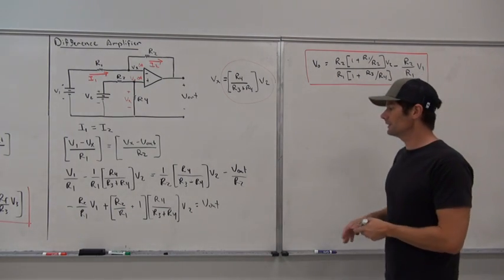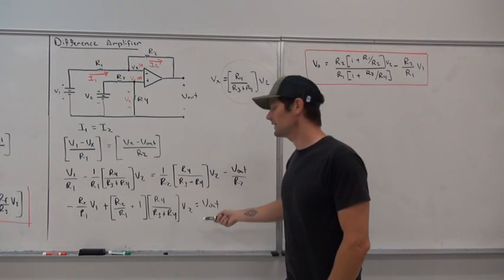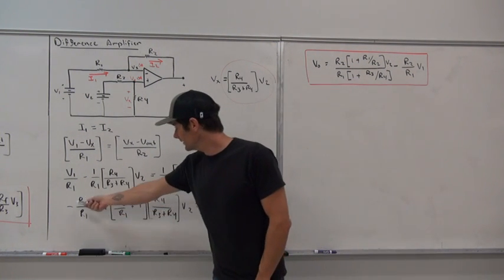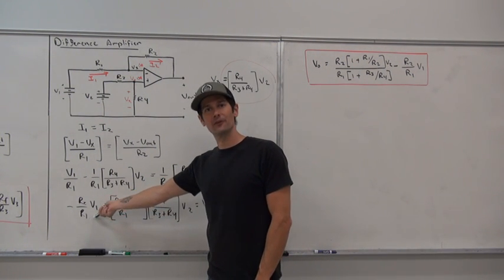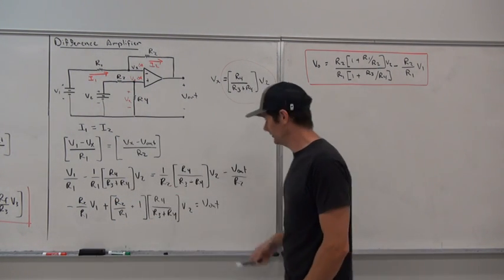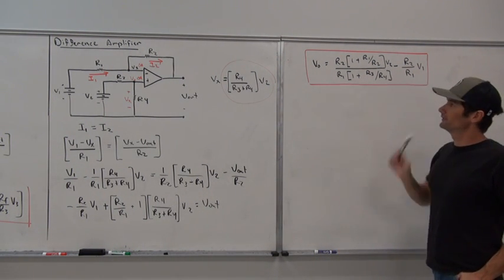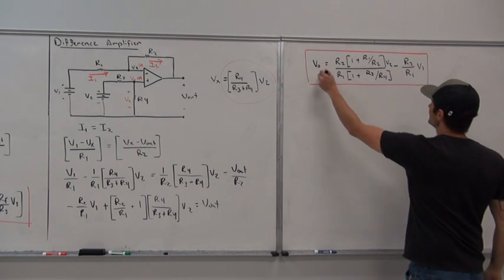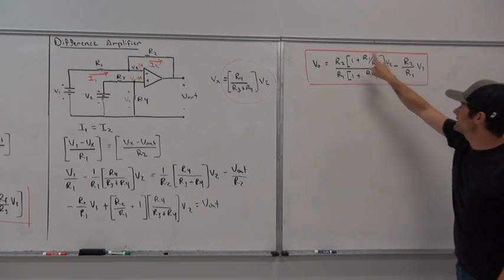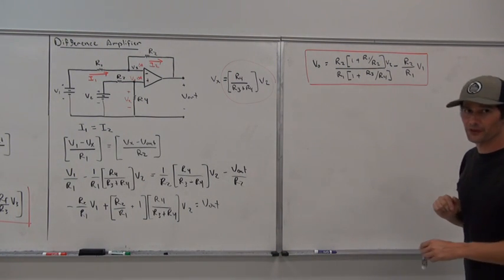And so all I have to do is rearrange that equation now, and we can see right now that with whatever proportion that we get from this coefficient here times V2, we're actually going to subtract off R2 over R1 times V1. And so simply by rearranging this equation and relating it to Vout, we come up with a different form that relates that output voltage to the difference between V2 and V1 based off of these proportions that we derived from KCL analysis of this circuit for the difference amplifier.